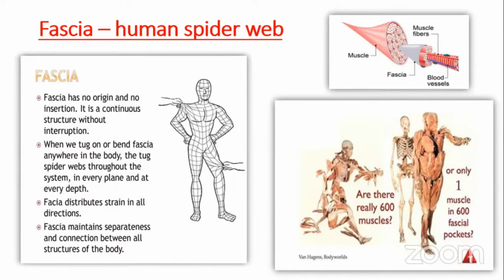Spider web, I can imagine when I was a child, if I touched the spider web and pulled it from this side, it affected the other sides. So the most important thing is that fascia distributes strain in all directions. So if we treat something like a muscle, we have to treat comprehensively, not only one part, because of this concept of fascia.